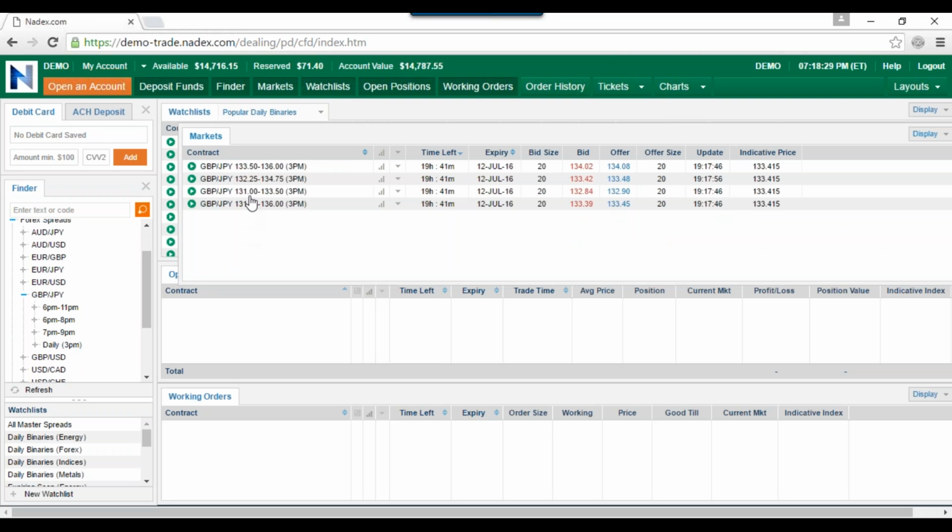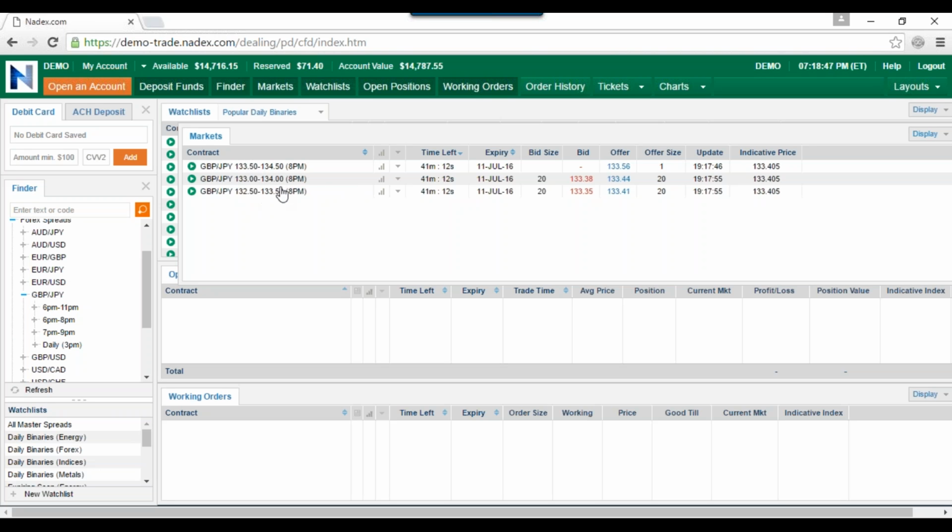But notice there's more than just one spread. You see that? Even these 2-hour spreads from 6 p.m. to 8 p.m., there's 3 different spreads. Notice that? They have different floors and ceilings.